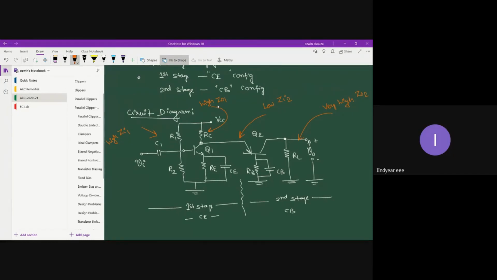Now, due to this impedance mismatch, the output impedance of the previous stage, stage 1, is high. On the other hand, the input impedance of the next stage is low. So this will be in kilo ohms and this will be in ohms. So due to the impedance mismatch, the voltage gain AV1 is low.